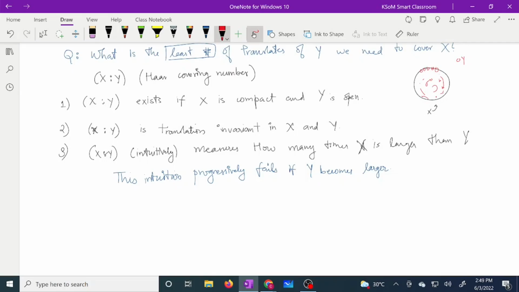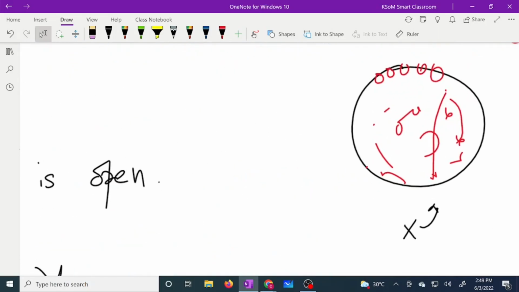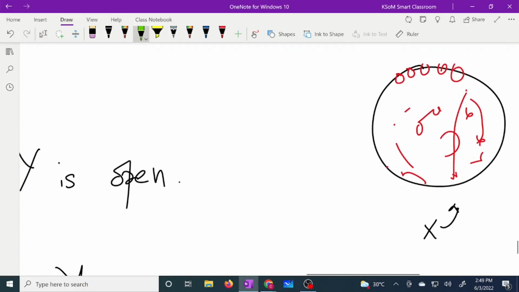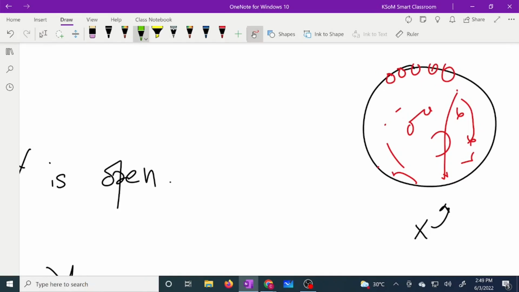The size of the place where it is falling outside x will be very small, and so the error between the size of x and the size of n times y will become smaller as my y becomes smaller, right?